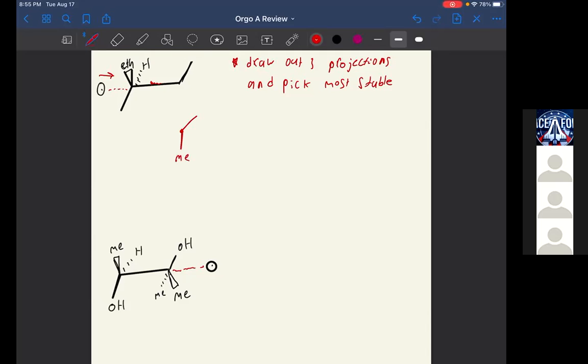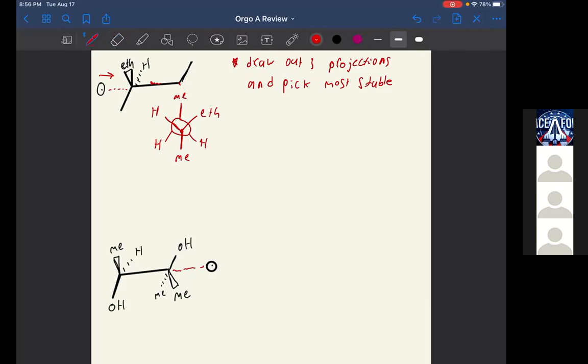Then wedge means towards the right, so ethyl. Then hydrogen, which is on a dash, would go to the left. Then you draw a circle in the back. And then you would draw a methyl up, and you have to realize that there's a hydrogen on a wedge here and a hydrogen on a dash. So that means you would have hydrogen, hydrogen, methyl.